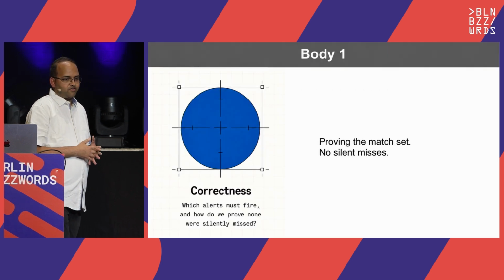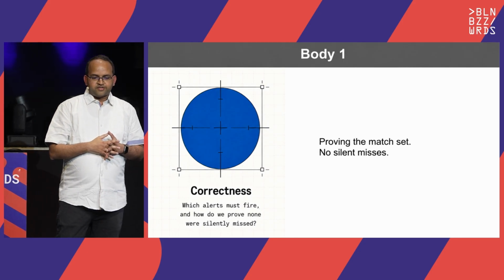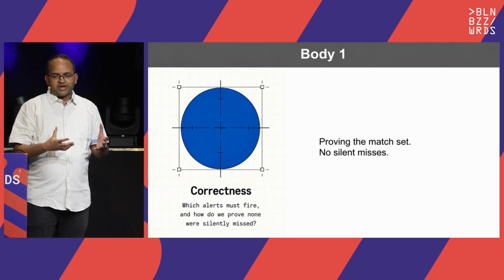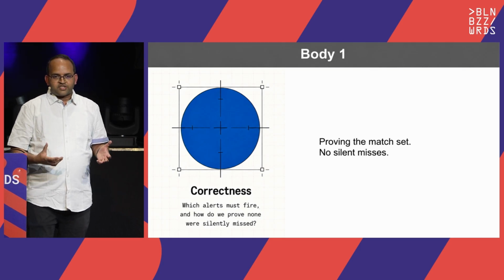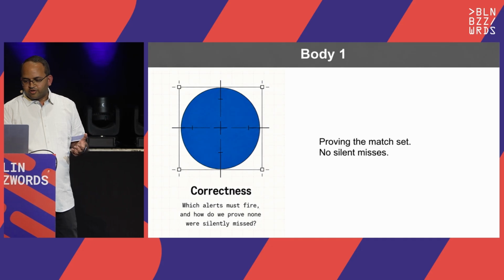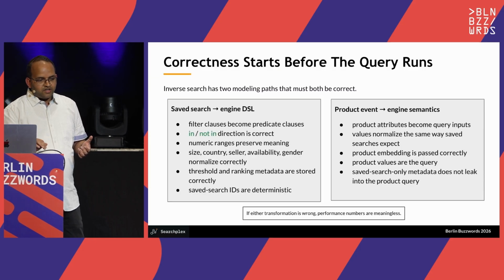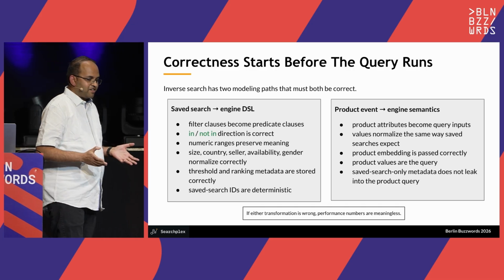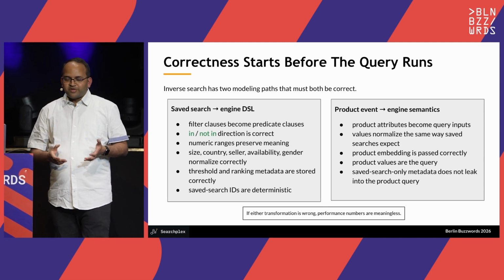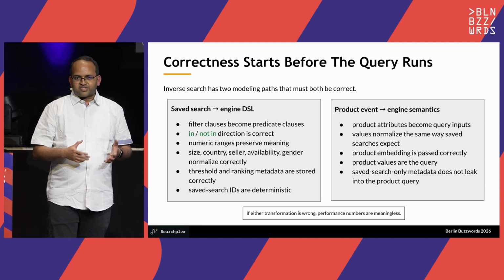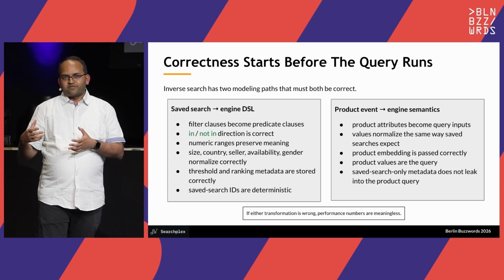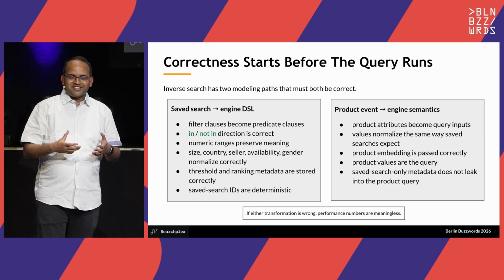Let's focus on the first body of the problem, that's correctness. As I said, it's about arriving at the match set, and there is no room for missing out anything that should be matching but you're leaving it out. There is no room for that. And since this solution is not percolator by design, like what Elastic did, it has a different semantics for constructing a query, as well as constructing the saved search representation, let's call it that.